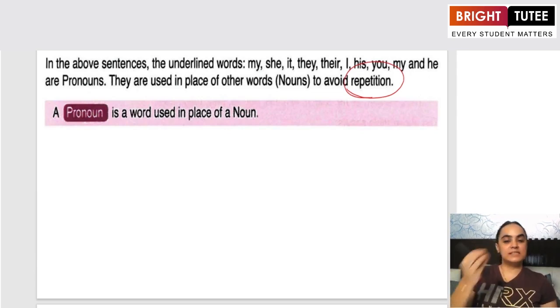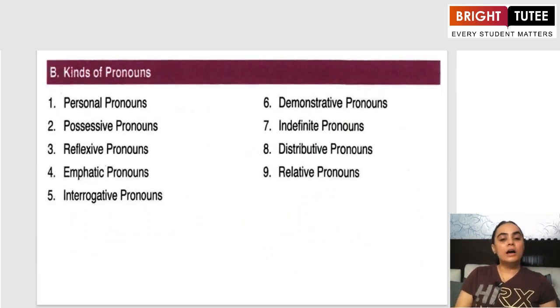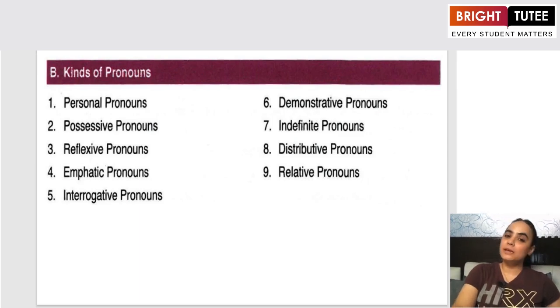There are in total 9 types of pronouns, and we are going to learn about each one of them. We have personal pronouns, possessive pronouns, reflexive pronouns, emphatic pronouns, interrogative pronouns, demonstrative pronouns, indefinite pronouns, distributive pronouns, and relative pronouns. So these are in total 9 types of pronouns, and we are going to learn about each one of them in detail.